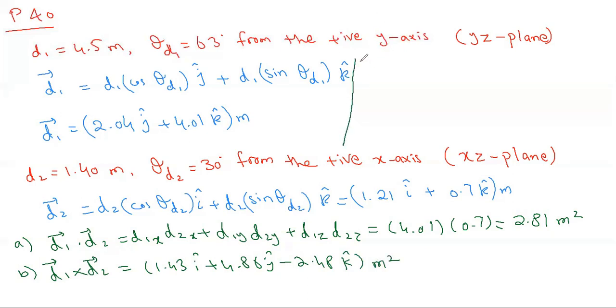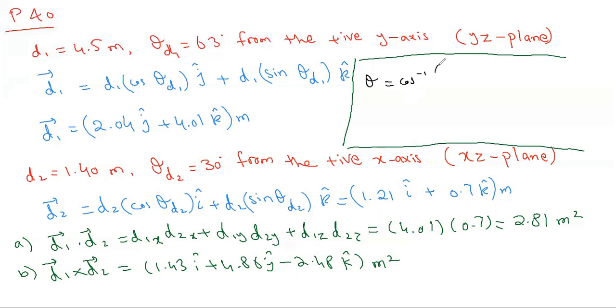Now let me find another quantity on this page. I don't want to use another whiteboard. We have to find the angle theta between these two vectors. Theta will be cos inverse of d1 dot d2 over d1 d2. Just find the magnitude of these vectors.